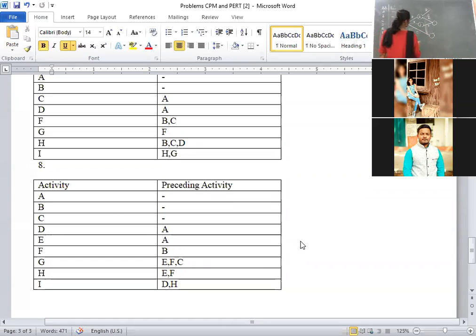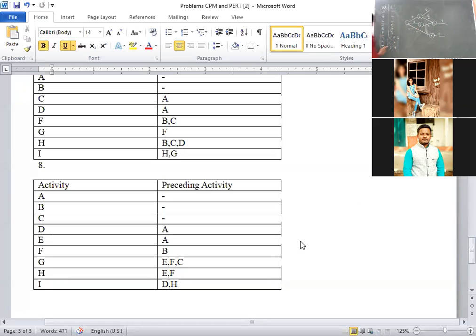E, F, C are completed. Then which activity is coming? G. Then E and F are completed. Which activity? That is H.